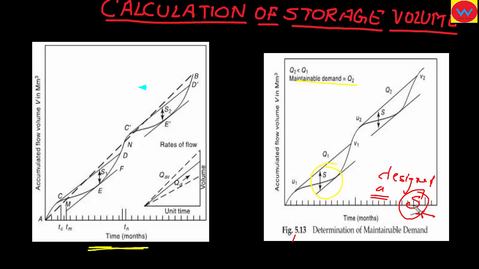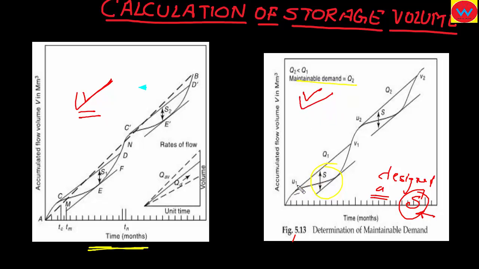So based on S you are required to calculate how much demand can be allowed, or how much maximum demand a given reservoir can sustain. So this is basically a reverse calculation as compared to this case. This is calculation of storage capacity, and this is calculation of maintainable demand with a given capacity.